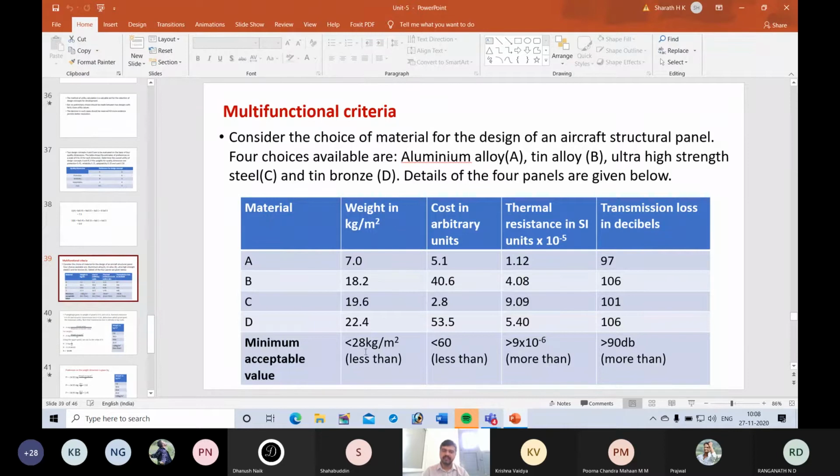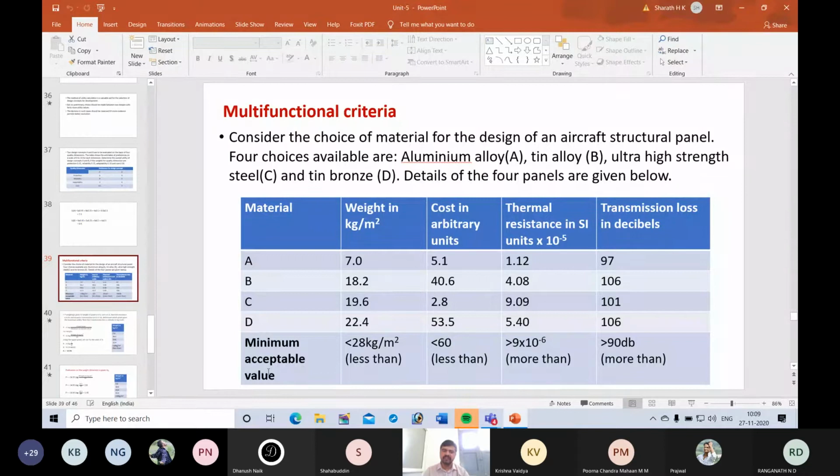You have to consider materials which weigh less than 28 kg per meter square. Here we are not considering volume, since thickness may be constant for all the sheets, so we are considering only the surface area of the material. So the weight should be less than 28 kg per meter square.